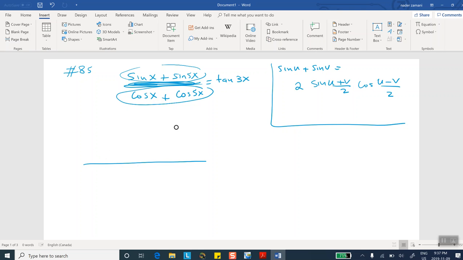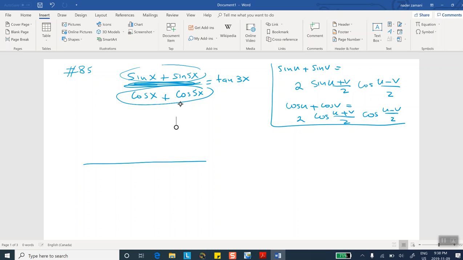And the same thing, we have one for cosine. Cosine of u plus cosine of v equals 2 times cosine of (u plus v) over 2 times cosine of (u minus v) over 2.